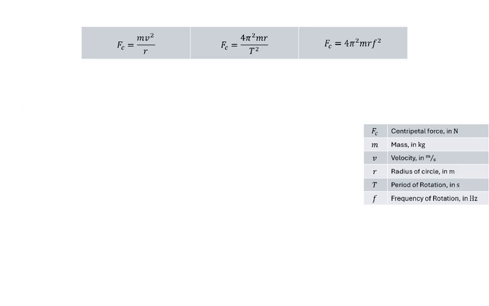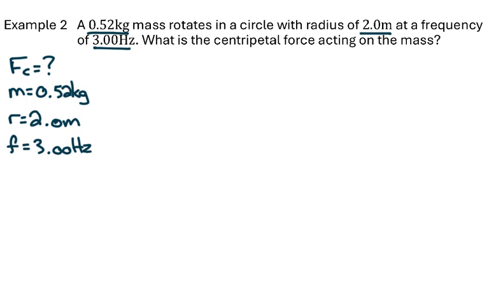Going back to the equations, the one on the right is going to be the most useful to us. So Fc equals 4 pi squared m r f squared.